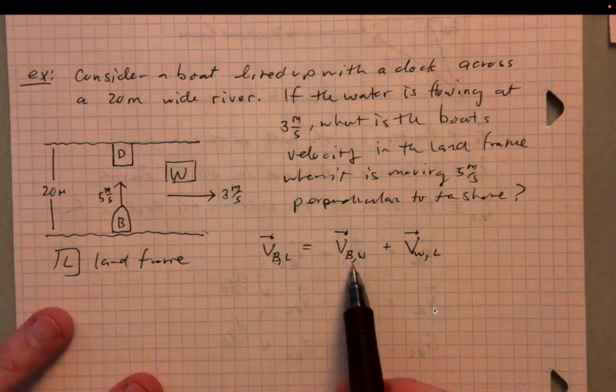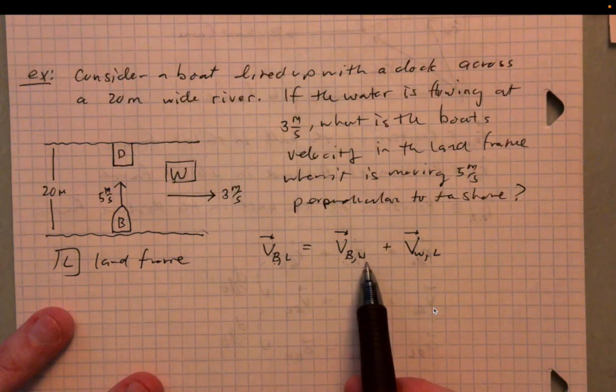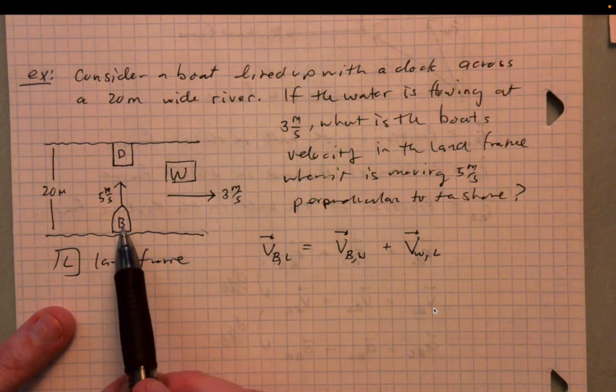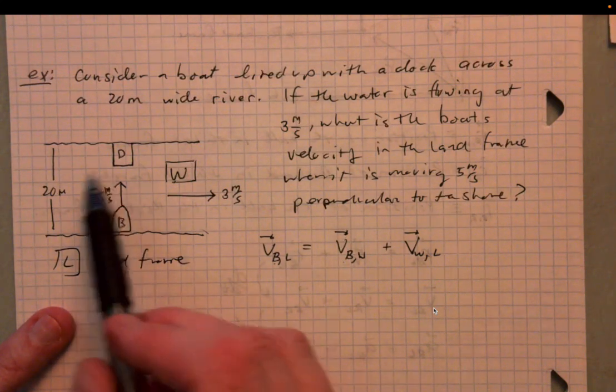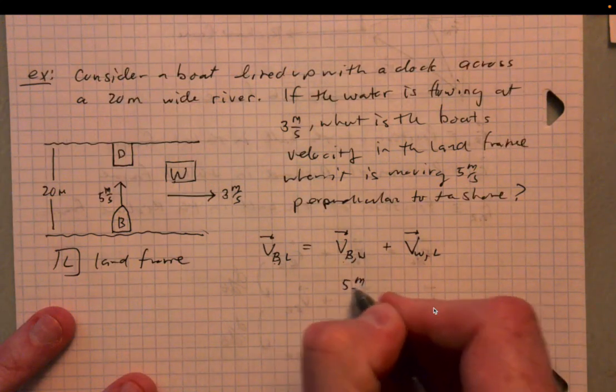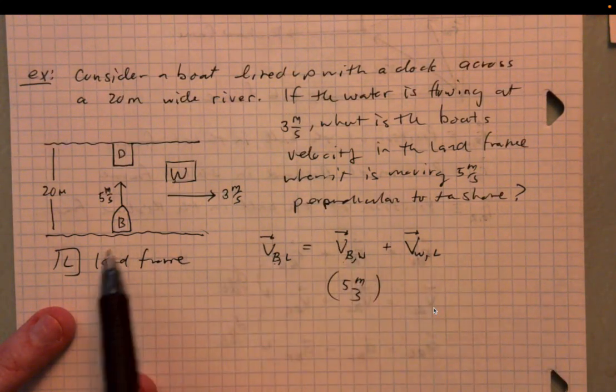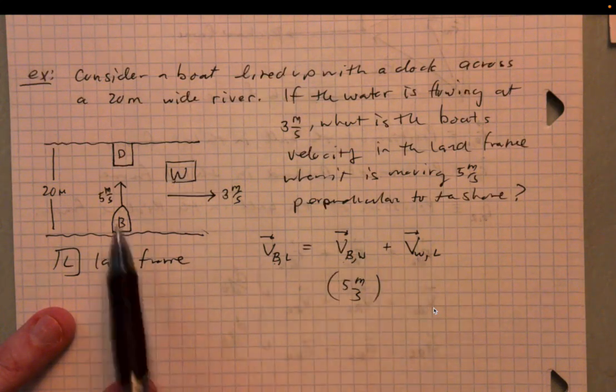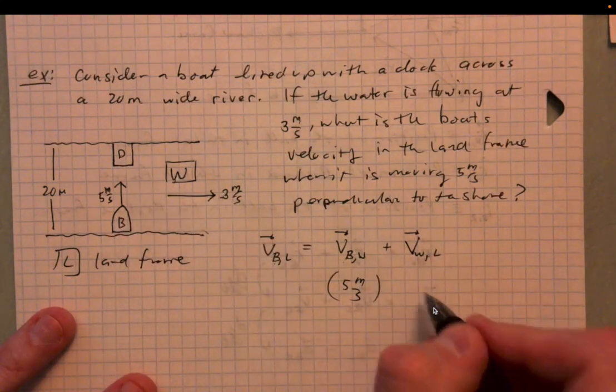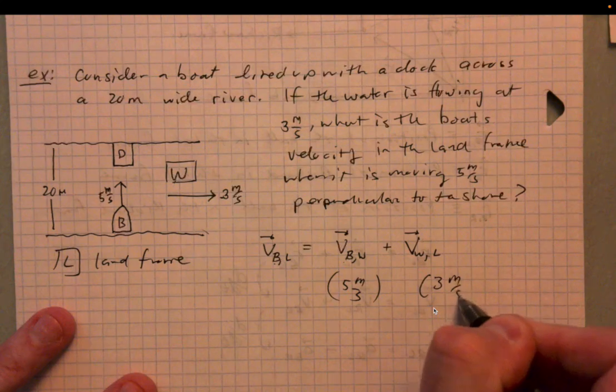So what is the velocity of the boat relative to the water? Well, we just said that the boat is moving through the water at 5 meters per second. Okay, and what's the velocity of the water relative to the land? Well, it's given that the water relative to the land is 3 meters per second.